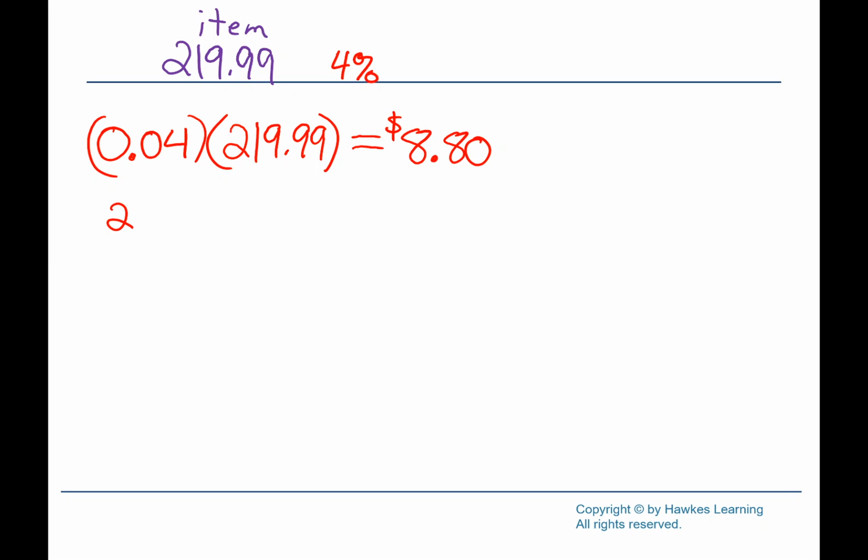And then we would have to take the price of the item plus the tax to get our total. So that would be $228.79. Okay, that's kind of the traditional way. Doing it that way makes sense? Figuring out how much tax we have to pay, and then we just add that to the item cost.